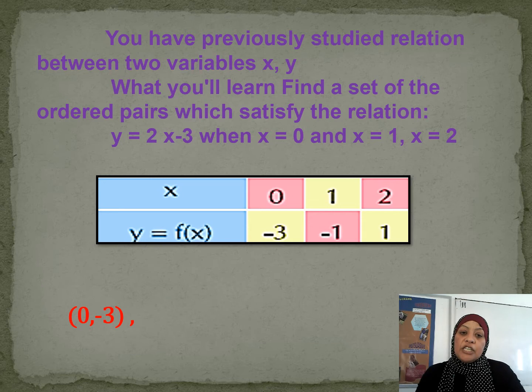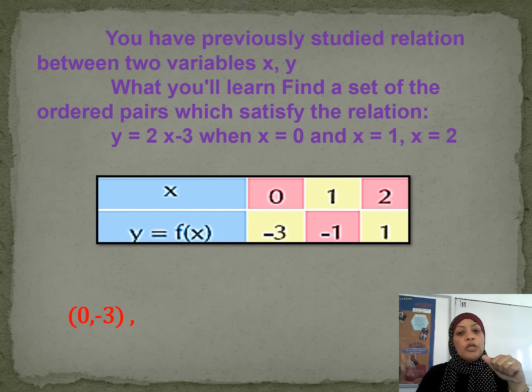If I have a relation y equals 2x minus 3, when x equals 0, x equals 1, x equals 2. We studied this type of question in the slope in second prep, how to represent this function on a graph. The first step is to draw a table and choose any values for x.